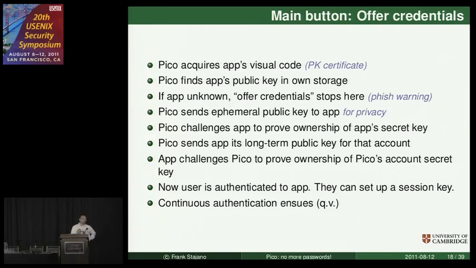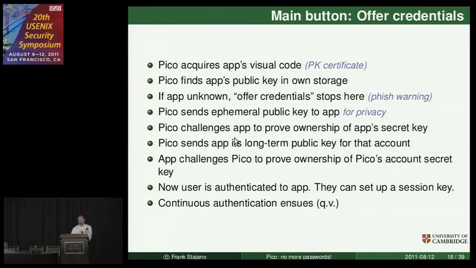that has been exhibited. So it could be someone who is a fake, who's trying to prize out whether this Pico is there. And so we just send a key just for this interaction, so that we are not giving anything away until the app has proved ownership of its private key.